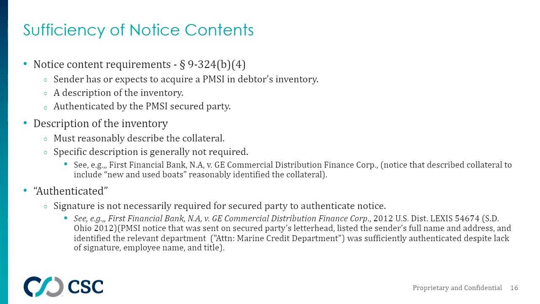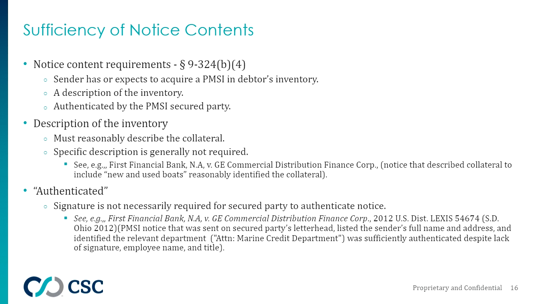The description of the inventory, it must reasonably describe that collateral. It's really the same kinds of rules as for a financing statement. There are no special description requirements found in Article 9 for purchase money security interest, even in inventory.